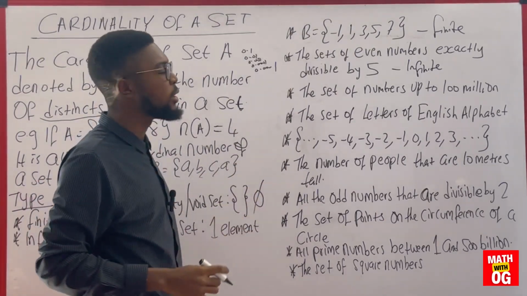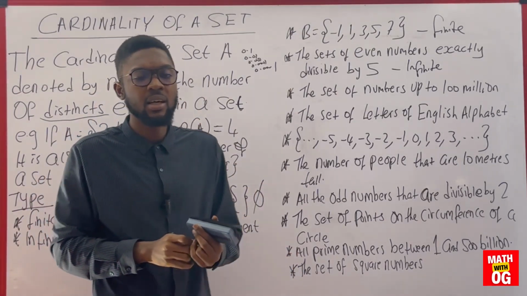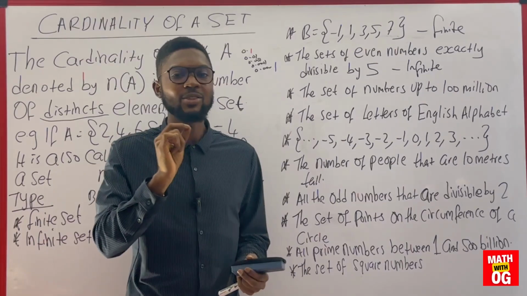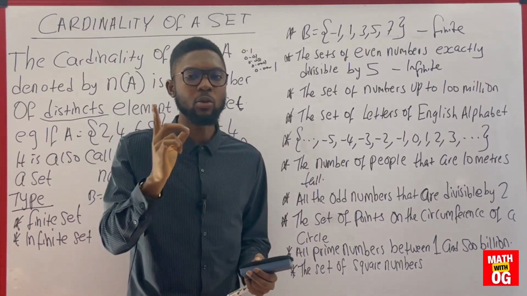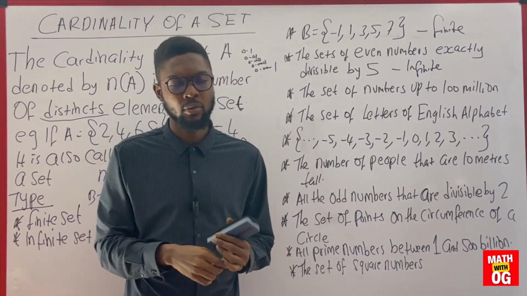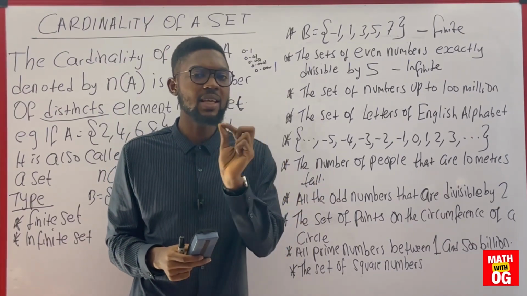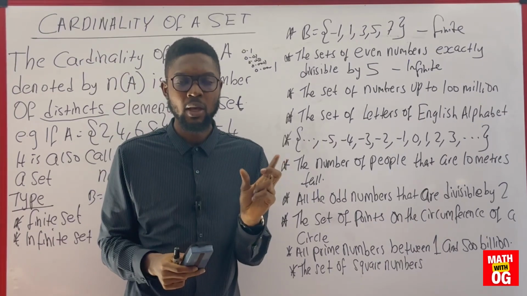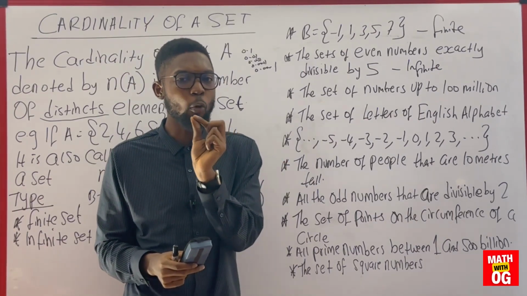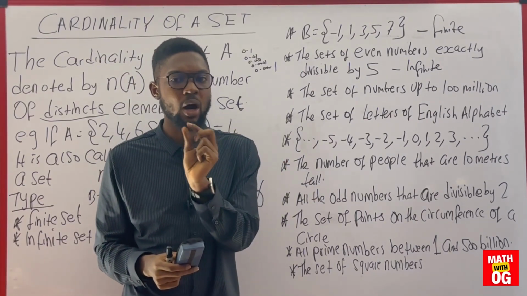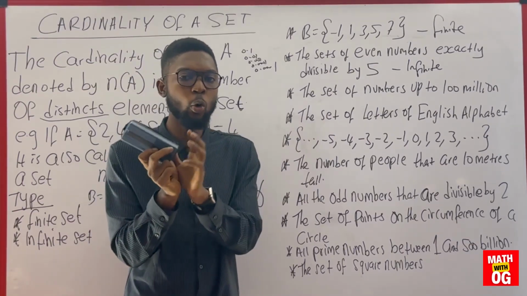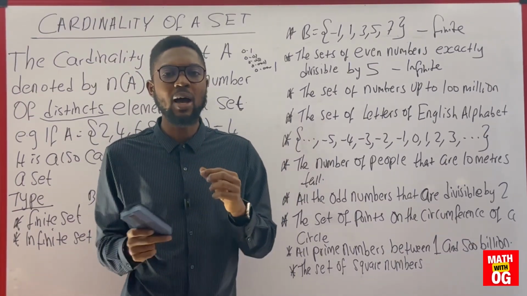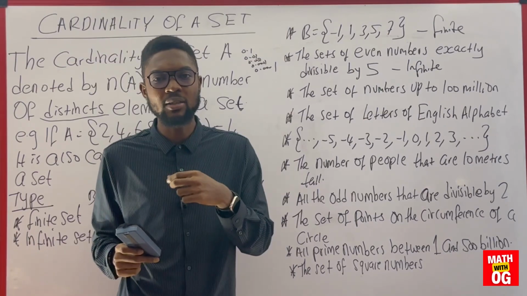By the time you are done, you find out that even the set of numbers between 0 and 1 is also infinite. So I say again, the set of numbers between 0 and 1 is infinite. However, the set of whole numbers between 0 and 1 is null. There is no whole number between 0 and 1.